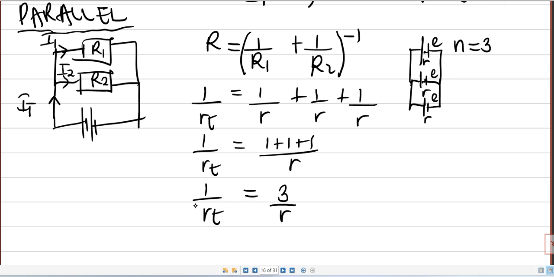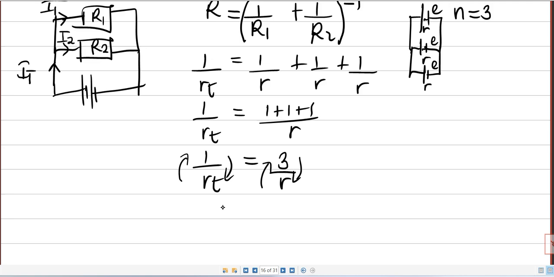The intention is to make small r total the subject, so I apply an inverse both sides. We then have r total equals r over 3. So this is the alternative method for finding r total.